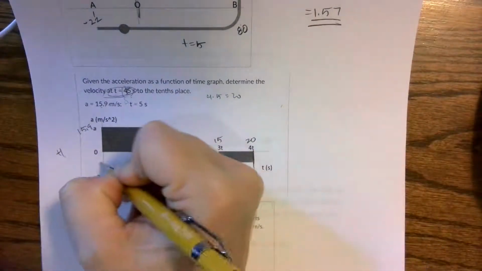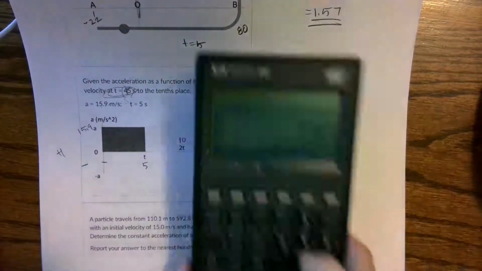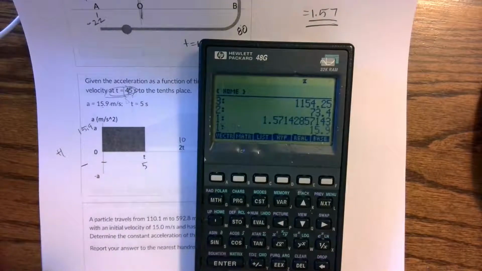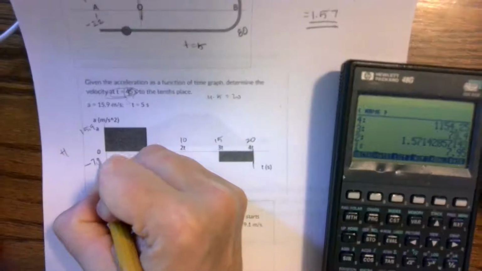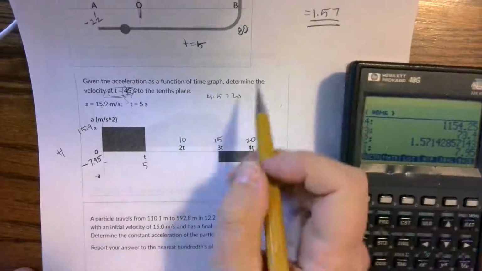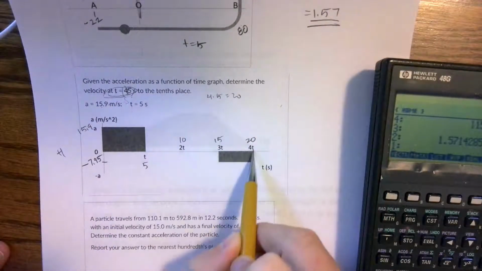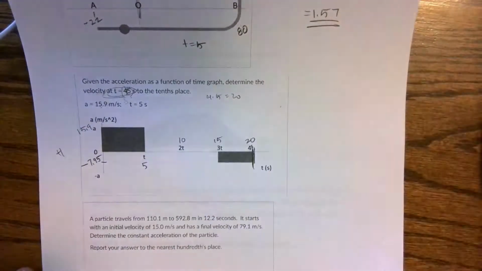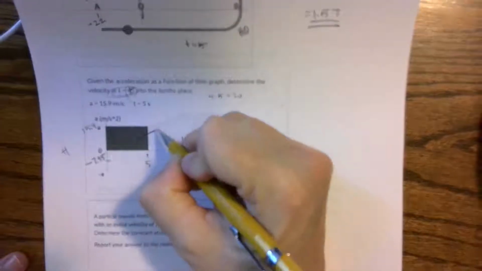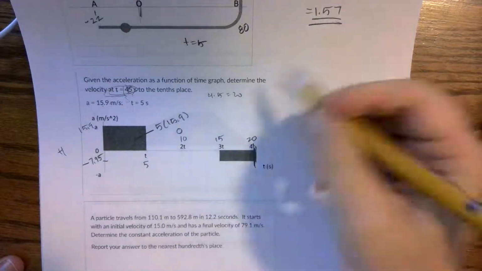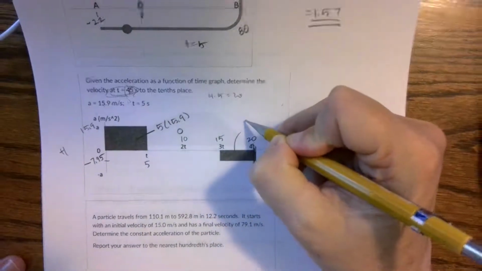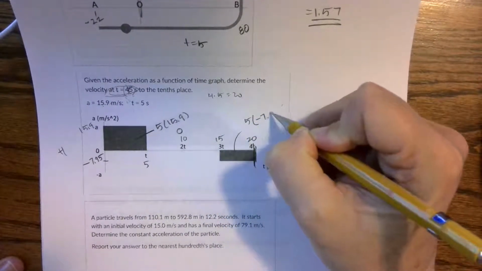So if I have 15.9 as A, then this is going to be negative. So we have negative 7.95. And if I want to know the velocity at this point, again, it's area under the curve. So area is 5 times 15.9, and then I'd have area of 0, and then I have area of 5 times negative 7.95.